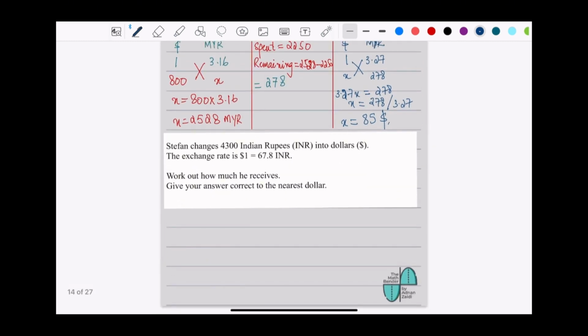So let's look at this. Stephen changes 4300 Indian rupees into dollars. The exchange rate was, so I write that down as dollars and INR. The rate that he got was $1 for 67.8, and he had 4300, which is x.